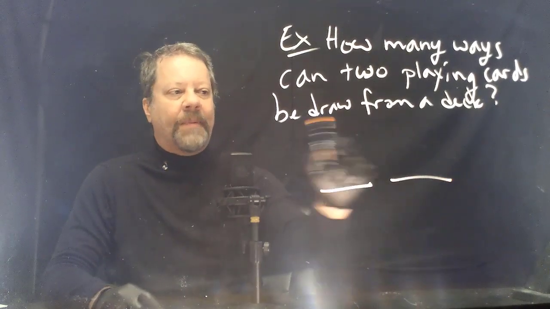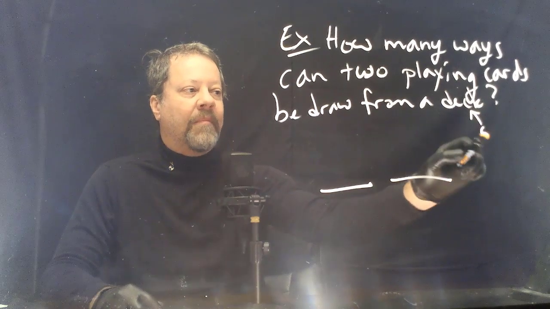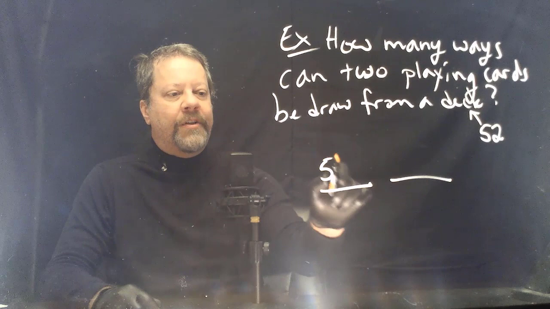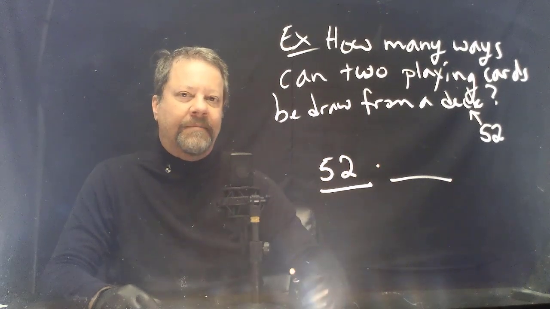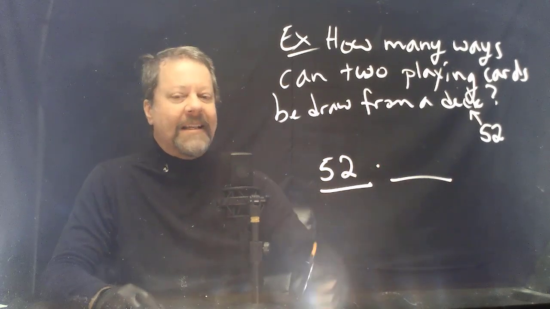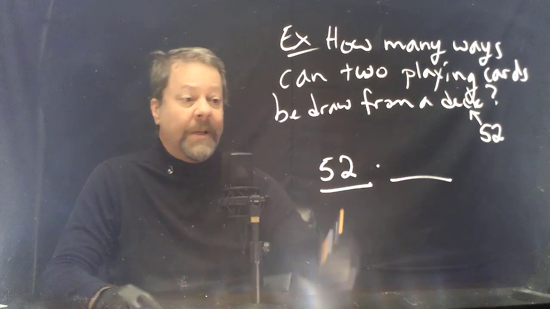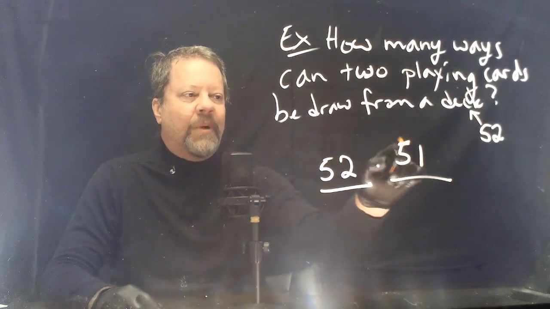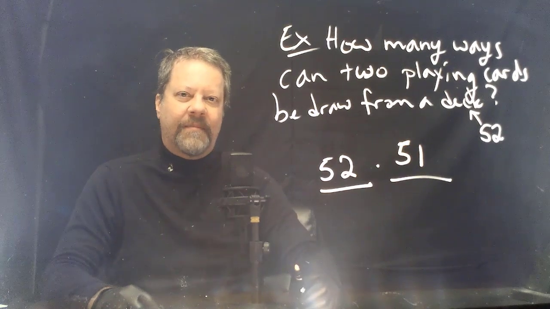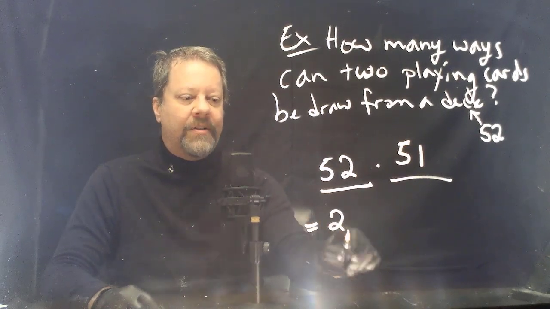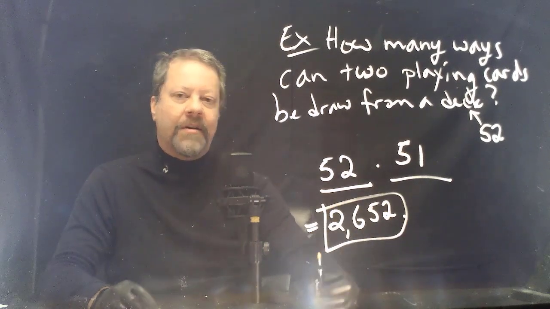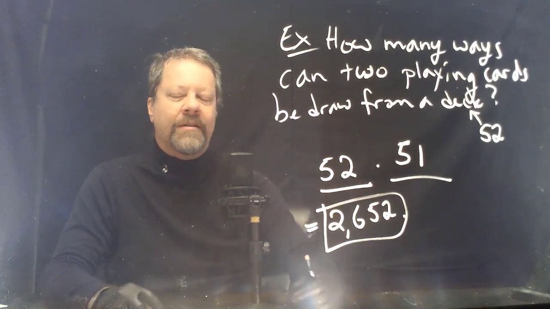Let's suppose that this deck has 52 cards. Then there are 52 ways to fill this first slot. But the second slot has only 51 ways because you've already filled the first slot with one of the cards. So the total is 2,652. There are 2,652 ways that you can choose 2 cards from a playing deck.